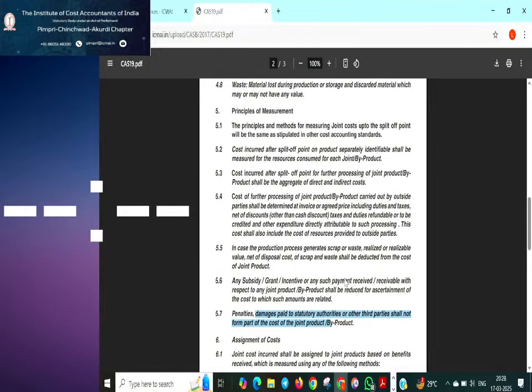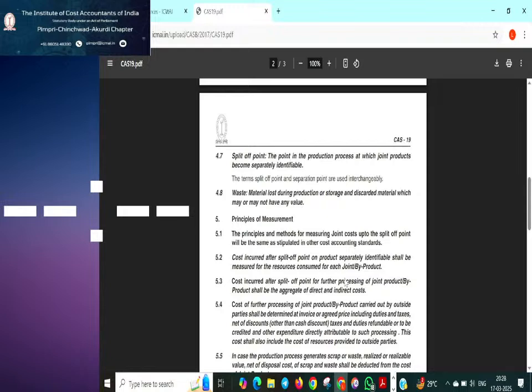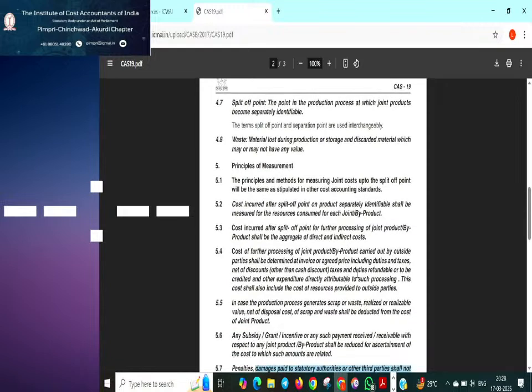So here one thing that you got to remember is that measuring the joint cost up to the split off point will be the same across all the products. But when it comes to byproducts, separately you will load the cost for each of the byproducts. So identification of the split off point and allocating the cost is very important.